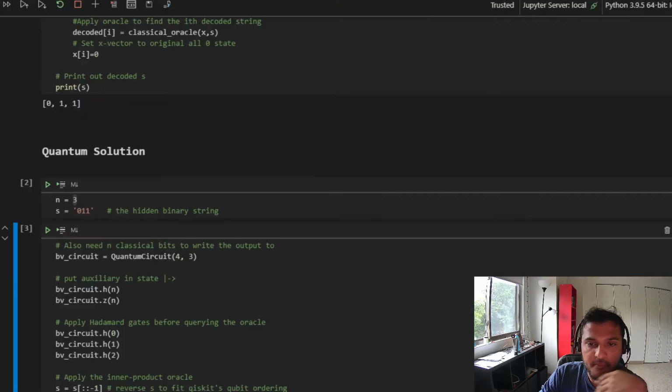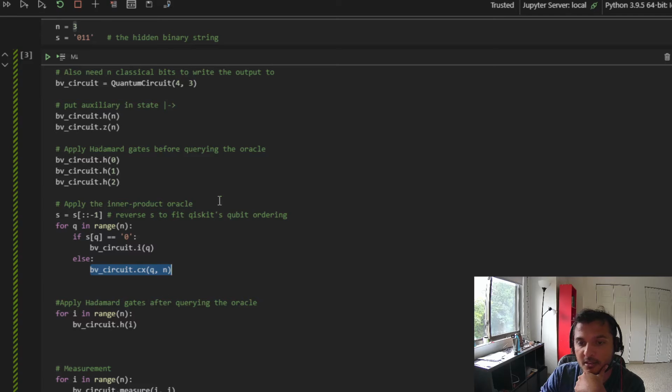Since we already have access to the secret string, whenever the secret bit is 0, I put in an identity gate, and whenever the secret bit is 1, I put in a C naught. That's it. And then after that, apply Hadamard to the remaining ones and then perform measurement.